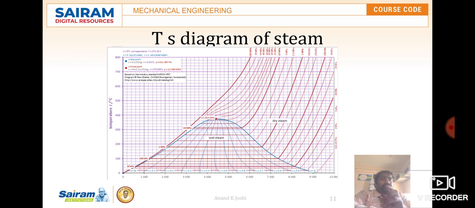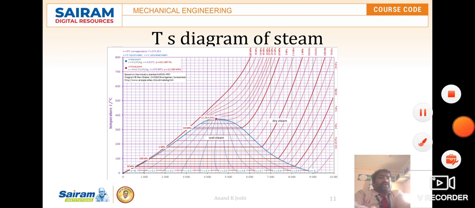Even for the isentropic process or line, we can easily draw a vertical line, as we drew the horizontal line for the constant temperature process. To calculate for the isentropic process, we can find the other parameters by plotting a vertical line on this graph, because S1 and S2 are the same in an isentropic or reversible adiabatic process.